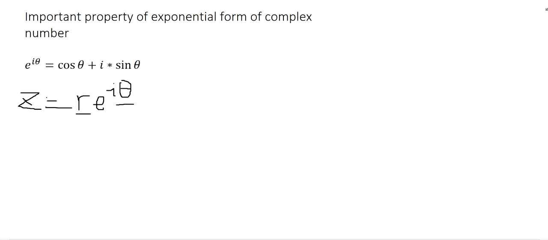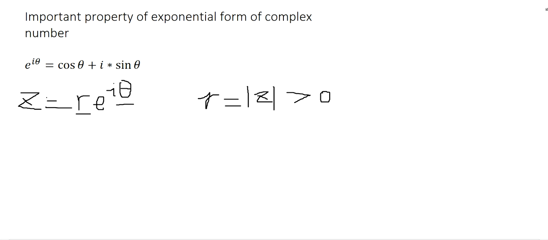Same with r. r is the modulus, so by definition it is the absolute value of the complex number, or, if expressed in a graph, it is the radius of the circle, represented by r. Since it is the absolute value of a complex number, it is bigger than 0 and it is real.